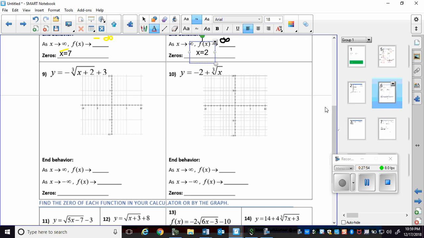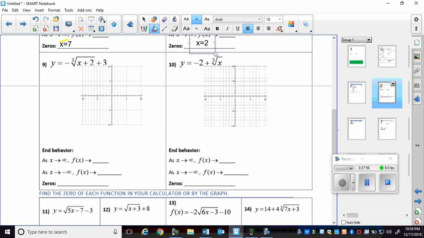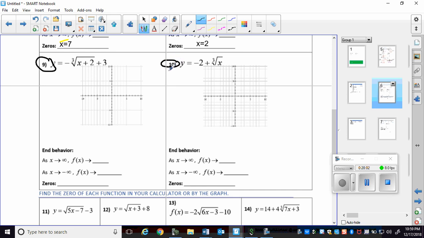For the cube root function, I would like you to do that for 9 and 10. Graph it. Tell me about the end behavior. You should get, as x moves towards the right, negative infinity. As x moves towards negative infinity, you should get positive infinity.